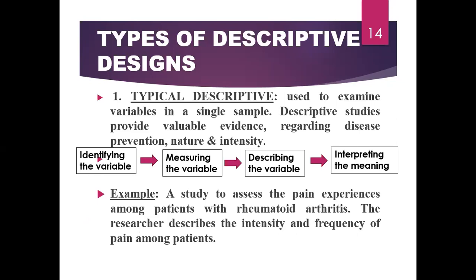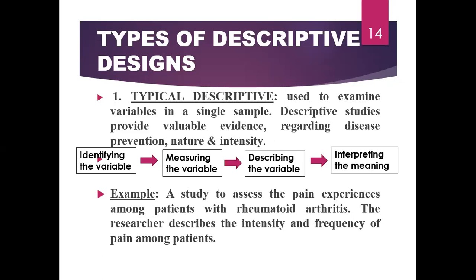And this includes identifying the variables, measuring the variables, then describing the variables, and then interpreting the meaning of the findings. So this is typically descriptive design. For example, a study to assess the pain experiences among patients with rheumatoid arthritis.